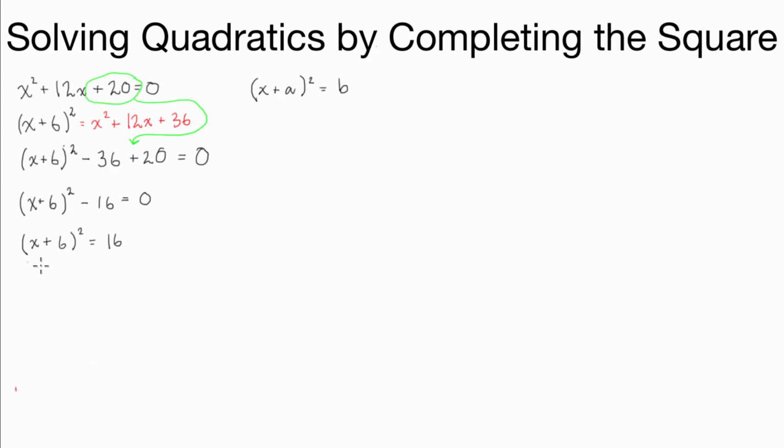Now, this is in our nice perfect square form, so it makes it quite easy to solve. So to solve this, let's just bring it over here. The first thing we're going to do is square root both sides.